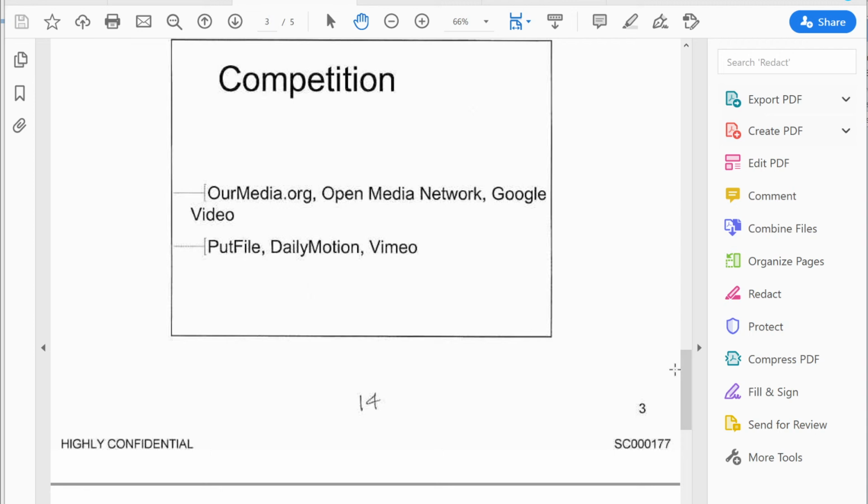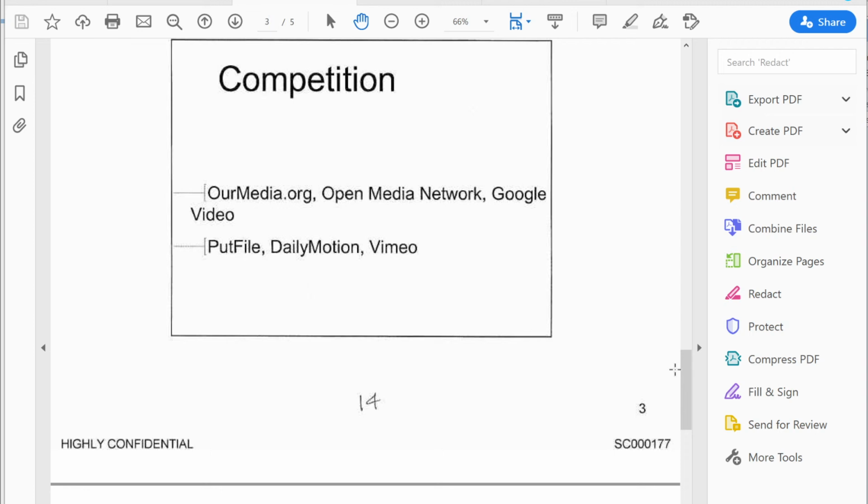But discuss the competition a little bit. You see these companies. Ourmedia.org. I don't even know if that still exists. I don't know what it is. Open Media Network. Also don't know what that is. Google Video. Most of you probably don't even realize that was a thing.